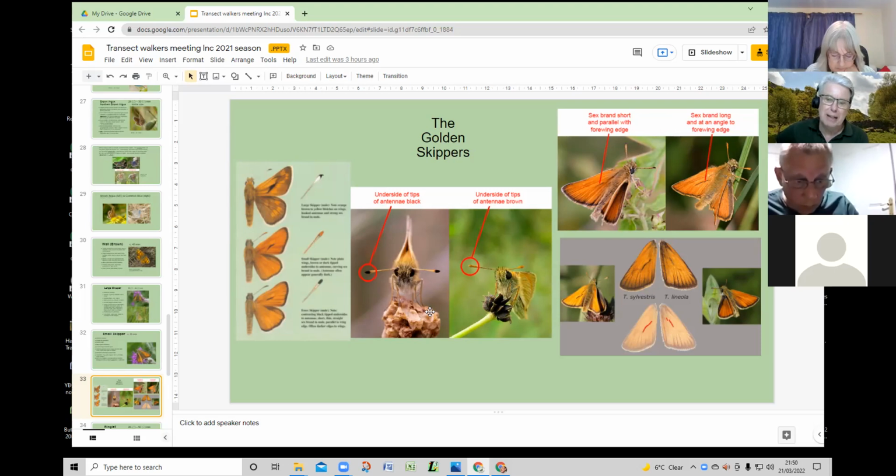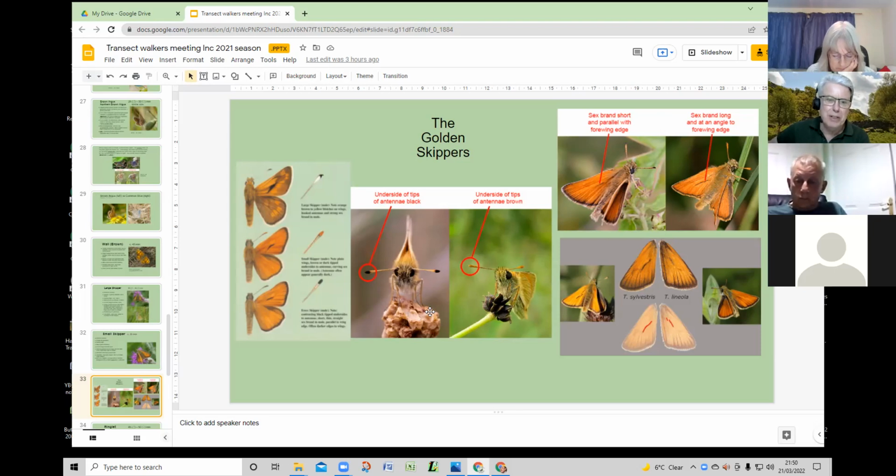And I can just about imagine in 20 years' time that could easily be the case in Yorkshire, that it will begin to become the dominant skipper. At the moment, it's not showing any dramatic signs of moving quickly through the rest of the county, but it's definitely moving.